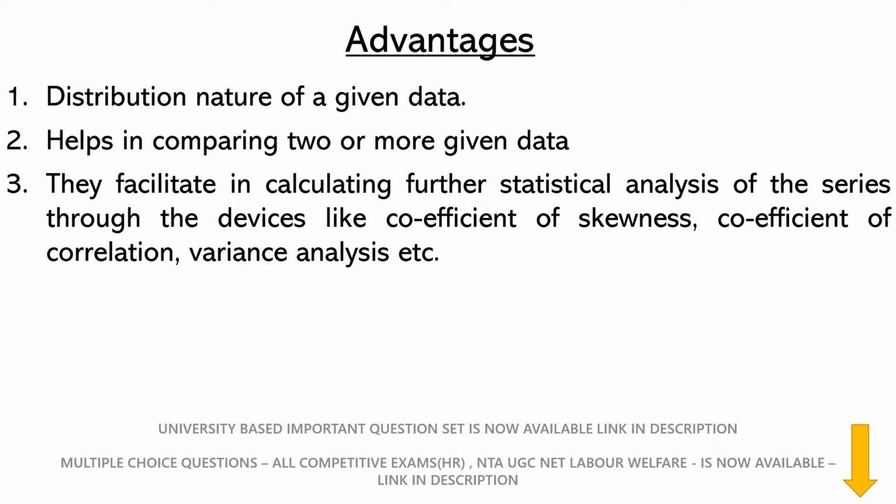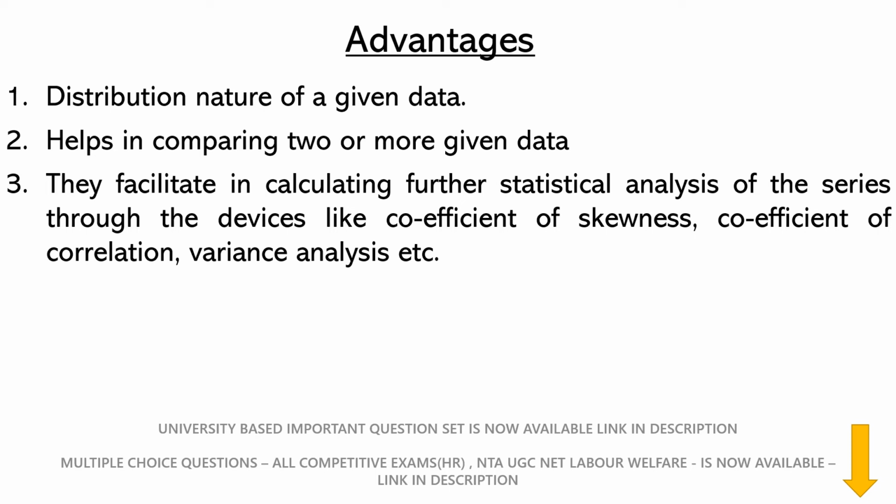Then it indicates how much an average value of a given set of data is dependable. See, like I said in the previous example, it has given us 15. Okay, but how much is that 15 dependable? That depends, because we will be calculating the variation. Okay, so we could find how much it is differing from the average value. So it shows how much an average value in a given set of data is dependable, is reliable.